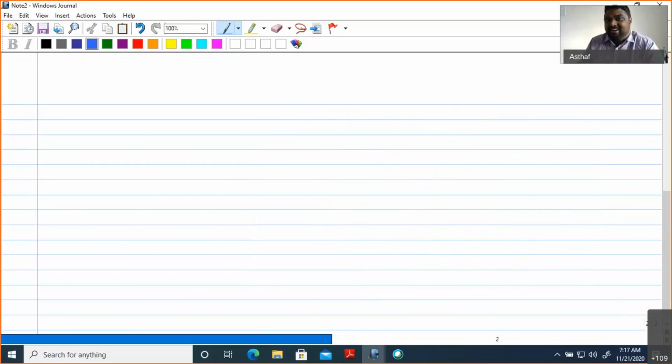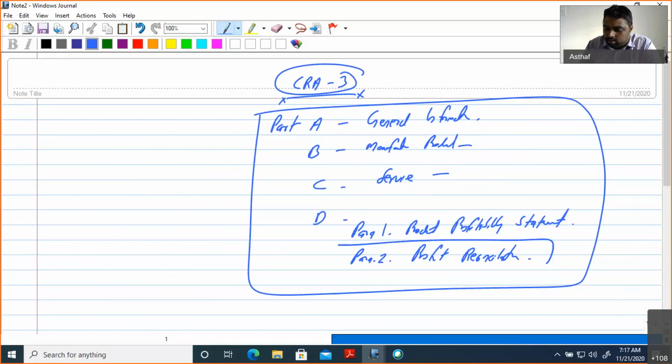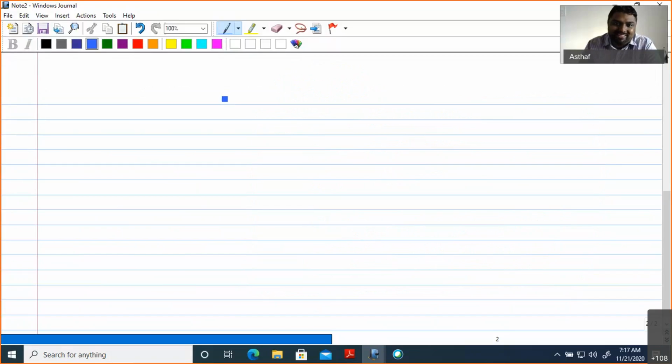So we are starting. First of all, we have to understand what this tells. As per para 2, there is a specific format for the cost auditor to submit. What is that specific format?